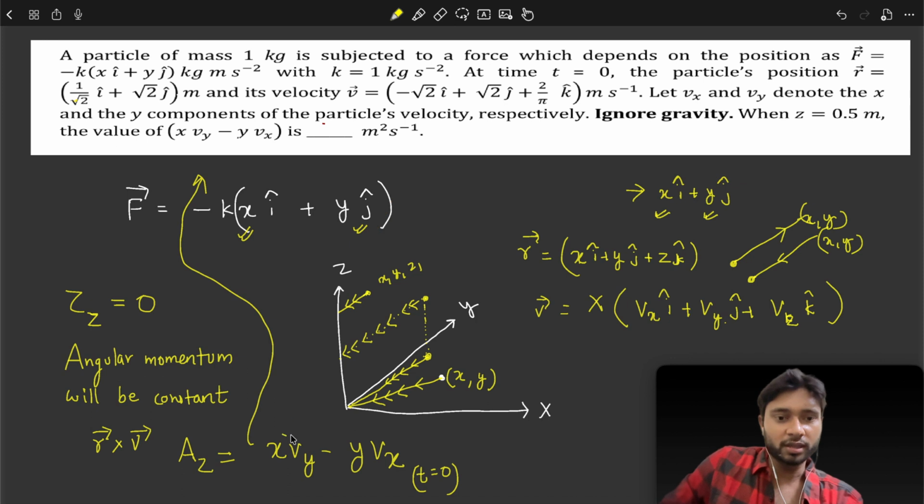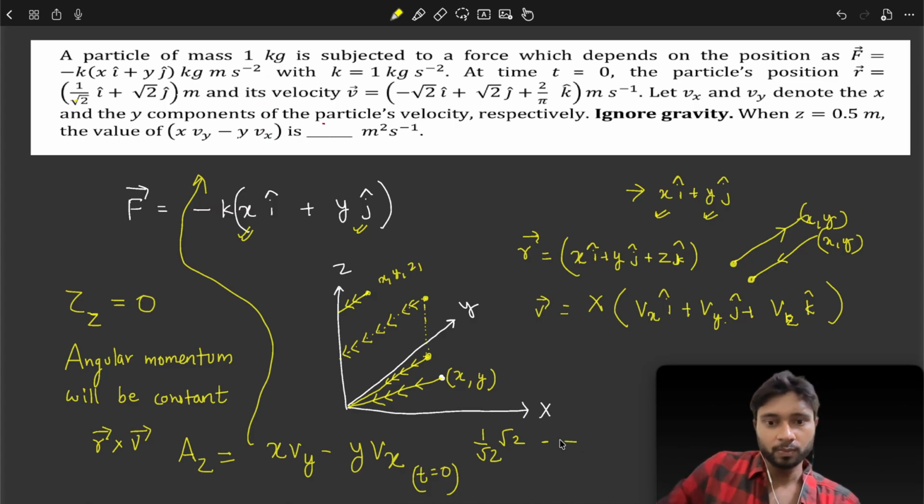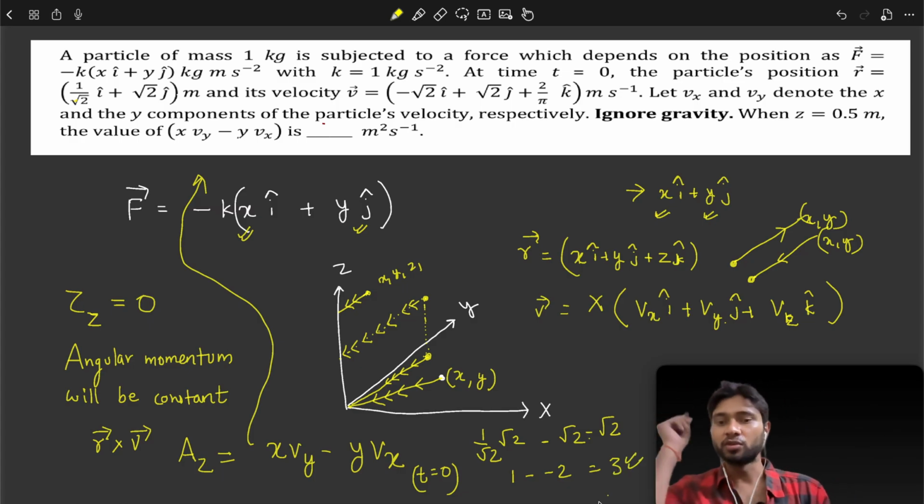At t equal to 0, the x coordinate was 1 by root 2, y velocity was root 2, y coordinate was root 2, and vx was minus root 2. If you calculate it, 1 minus 2, which is 3.